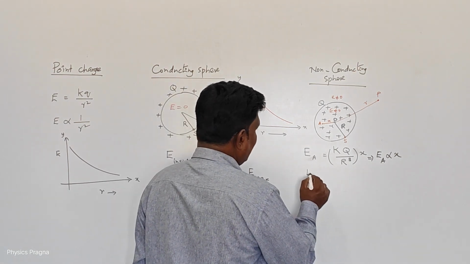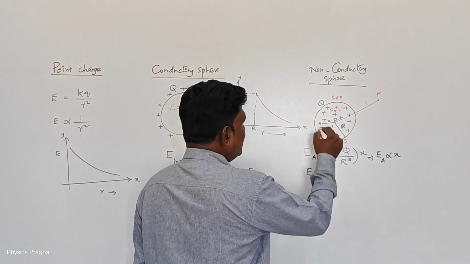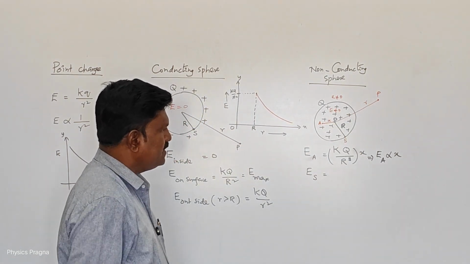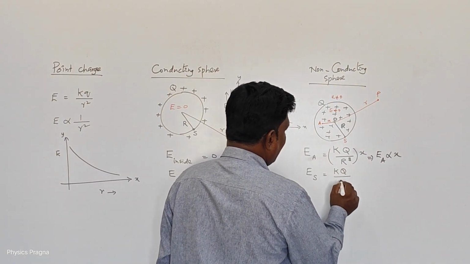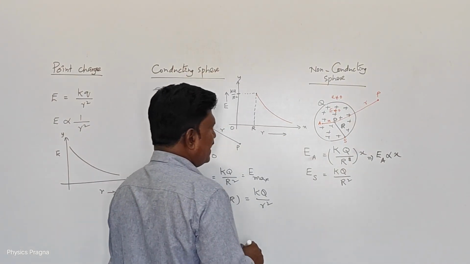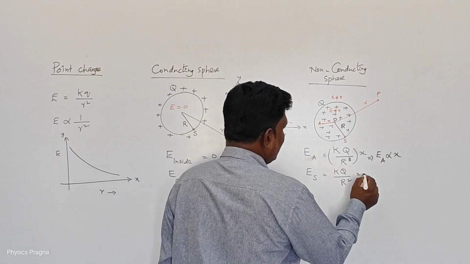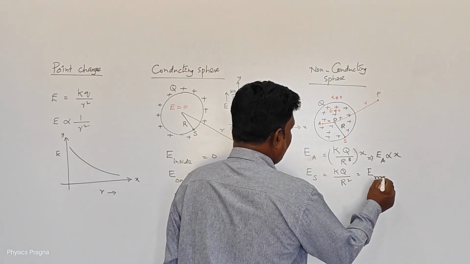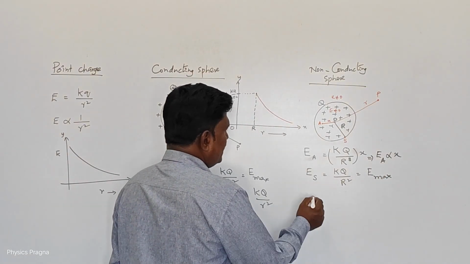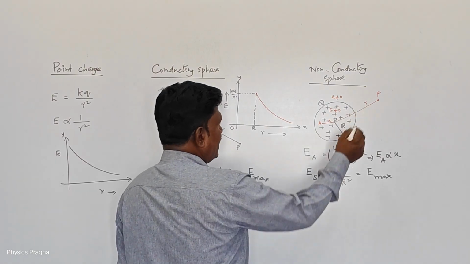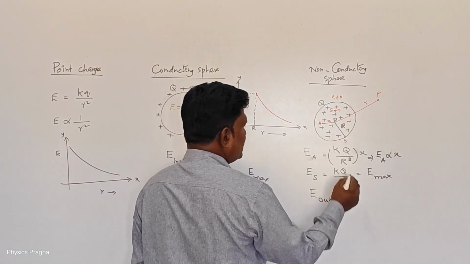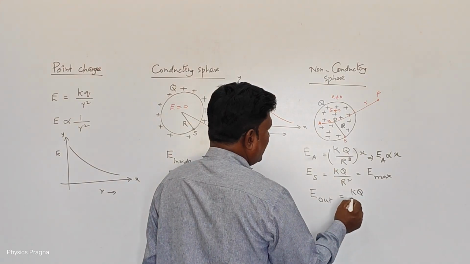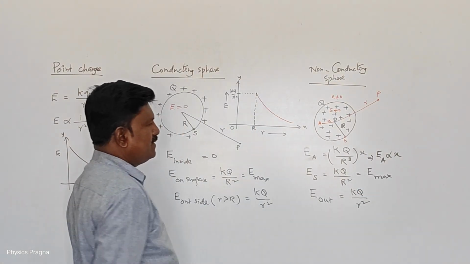Then the electric field at the surface of a non-conducting sphere, as usual, is kq by r square, right? This is the maximum value. Then outside, at r distance, it is kq by r square.